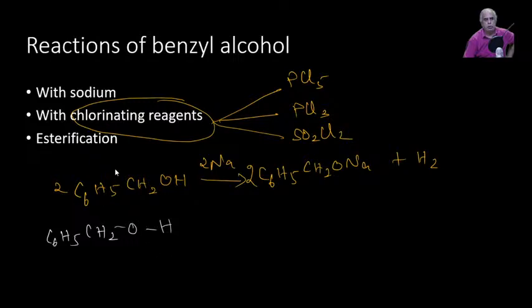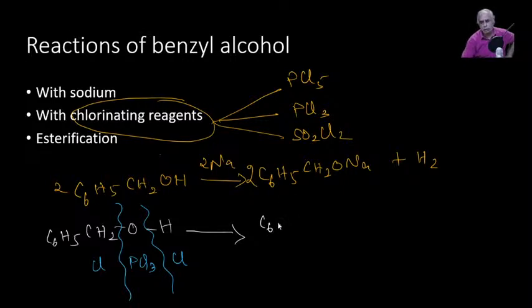So here PCl5. So PCl5 will join like this, that is PCl3, here Cl, here another Cl. So it breaks like this. This is not a mechanism, but for our convenience we write it.